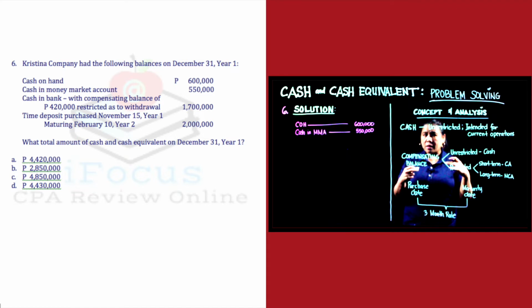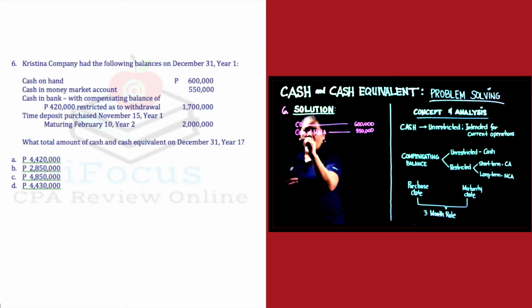So, paano natin ika-classify itong restricted compensating balance? Ika-classify po natin siya if this compensating balance arises from the short-term borrowing, then we classify this as a current asset. Alright? Pero kapag ang compensating balance restricted and it arises from the long-term borrowing, then we classify this restricted compensating balance as non-current asset.